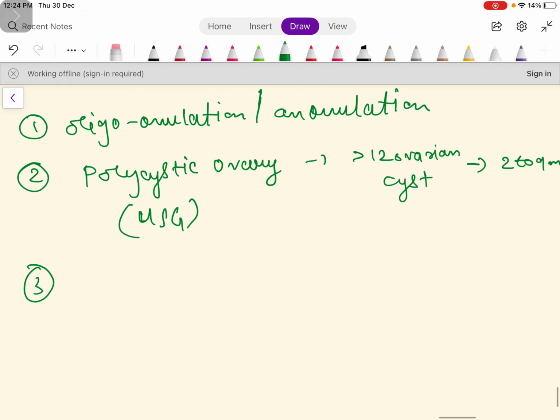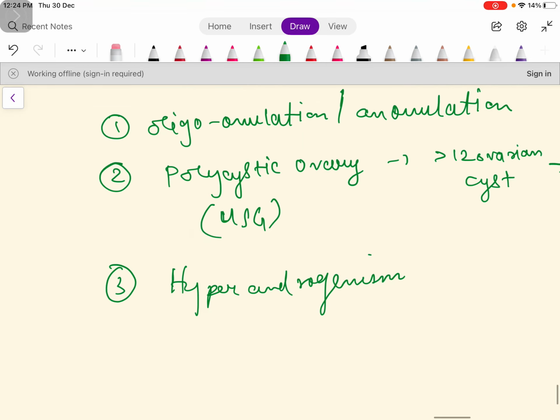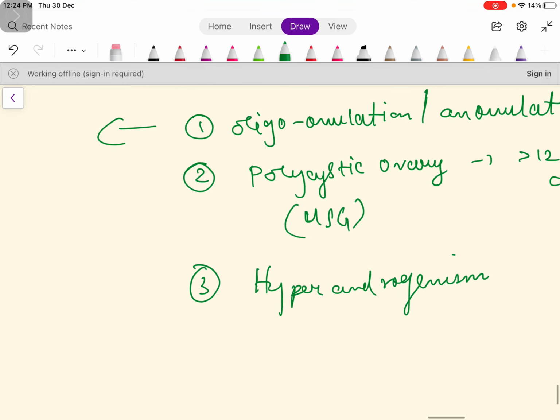Okay, I will explain it in the diagram, don't worry. Then there is hyperandrogenism. So let's discuss the features one by one.